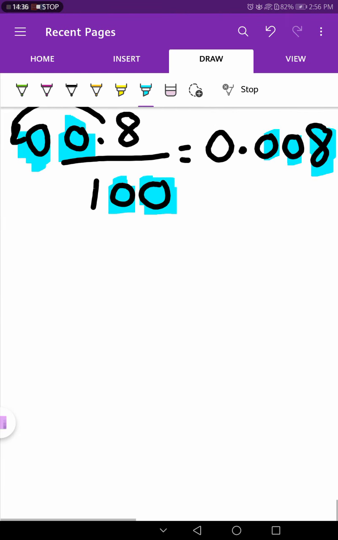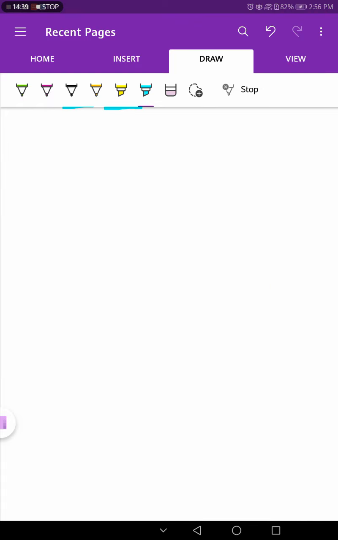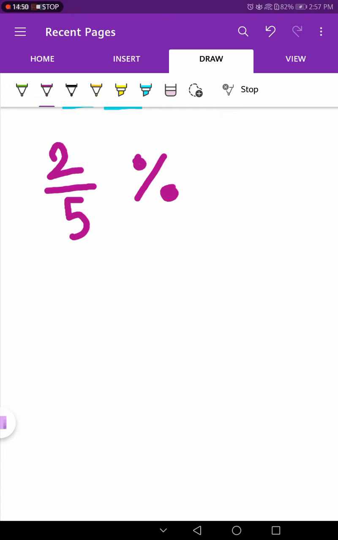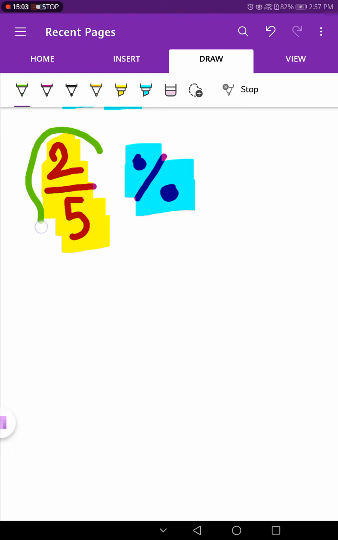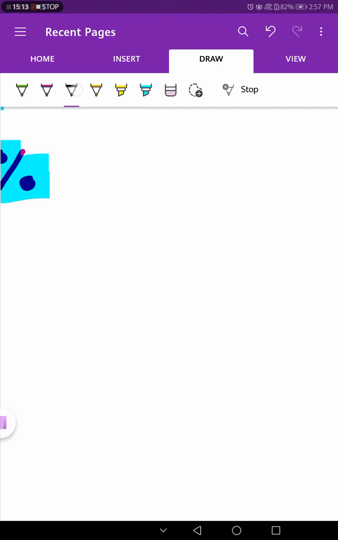Good. Now let us take another example: 2 over 5 percent. The teacher said this number is over 100 because this one is 100. But if you have a fraction, you have to change it to a decimal. How do we do it as a decimal?